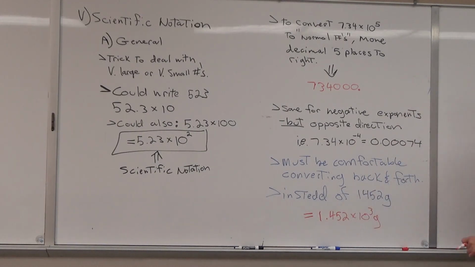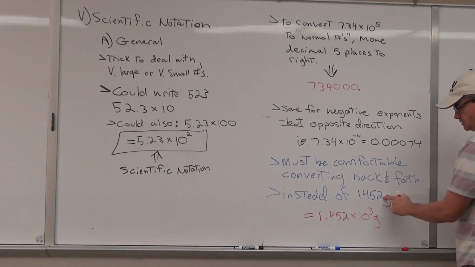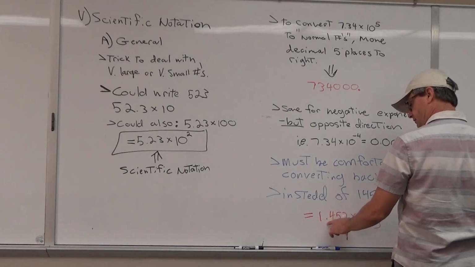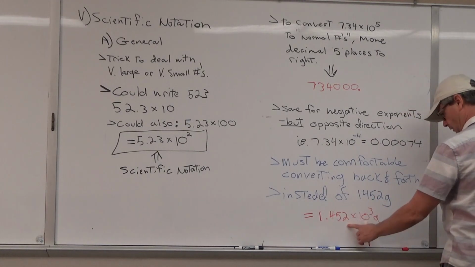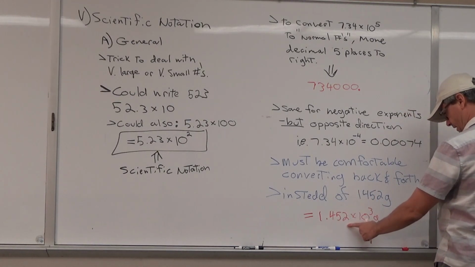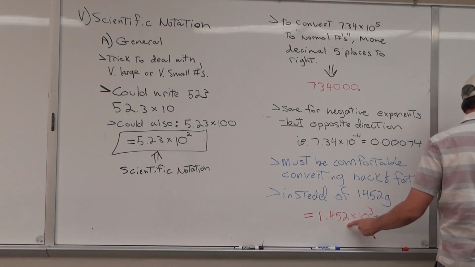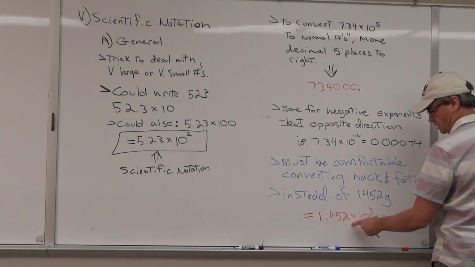There's an unwritten decimal place right there. The goal a lot of the time is to have one digit to the left of the decimal place, and then whatever other digits you have, to the level of your accuracy, on the other side.